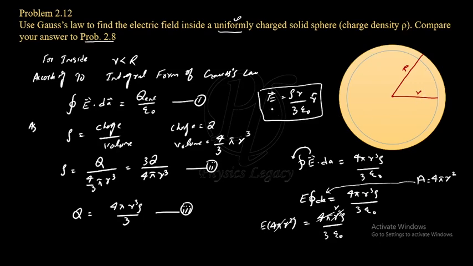Now we have to compare it with problem 2.8. Recall problem 2.8. In problem 2.8, we calculated the E field using Coulomb's law, that is, E is equal to 1 over 4 pi epsilon naught q over r square r vector into r unit vector.